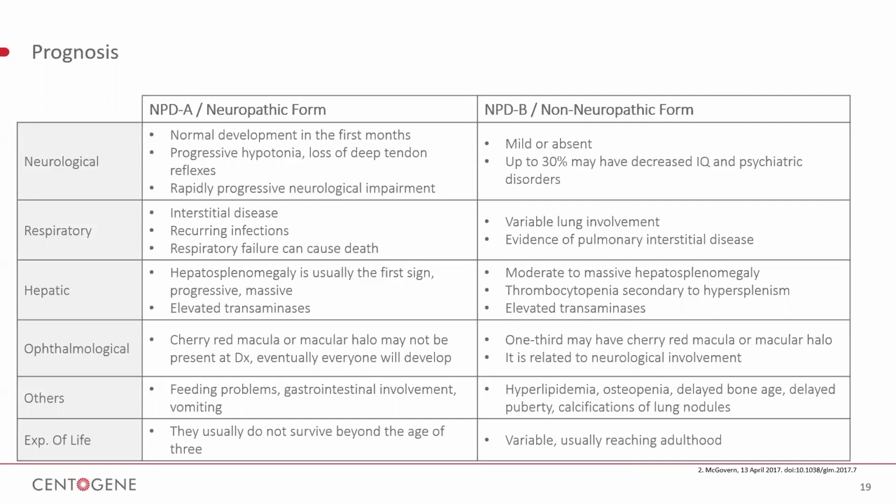And the findings of a large liver are typically seen by 3 months of age and do become very, very large. The eye findings, the cherry red spot, are seen in all patients, maybe not necessarily right away, but they are eventually present in type A, whereas type B has a much more variable presentation as compared to type A. And typically, patients can live to see adulthood in type B, whereas type A is definitely a fatal disorder.